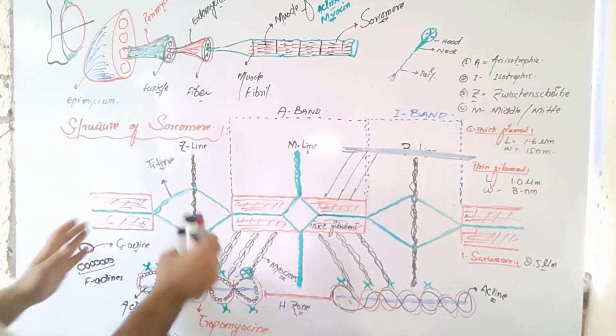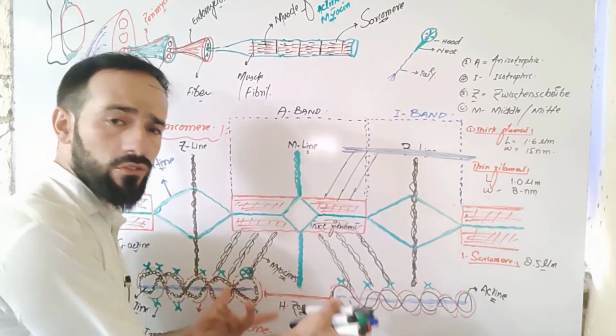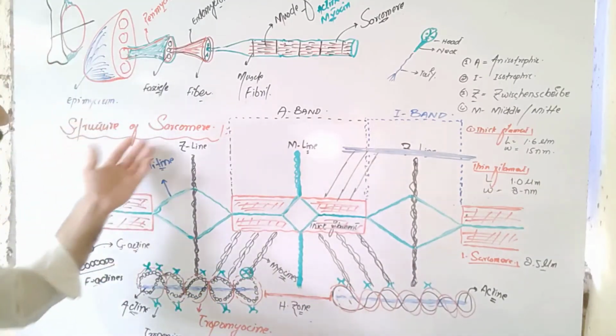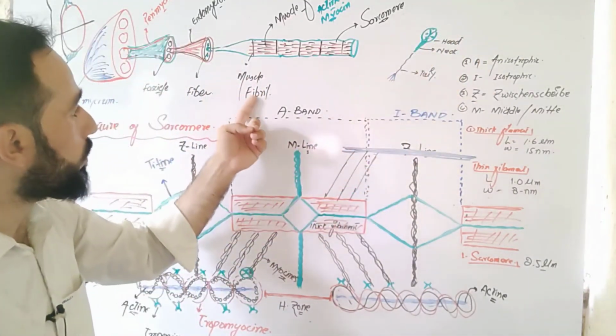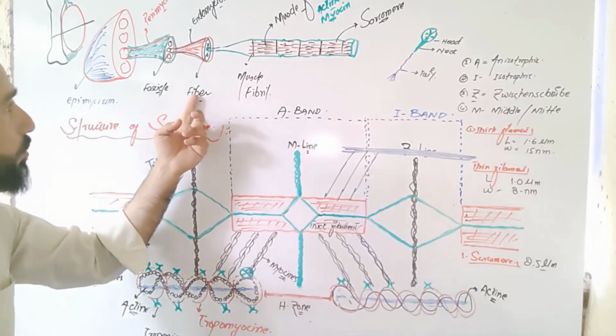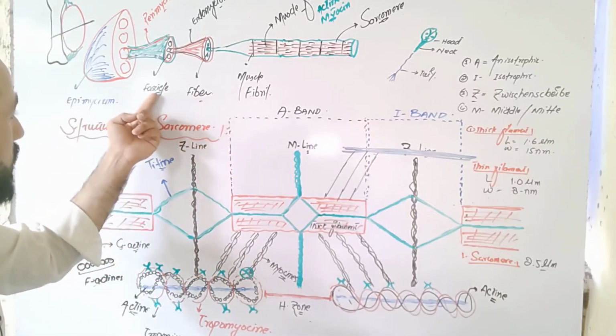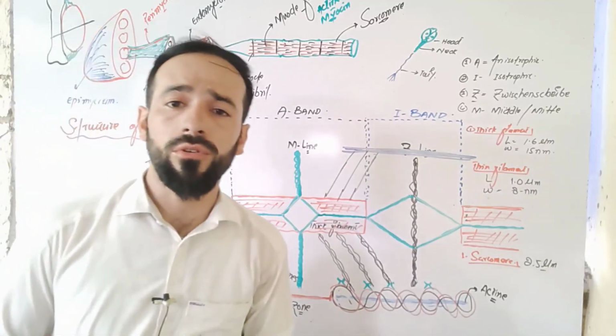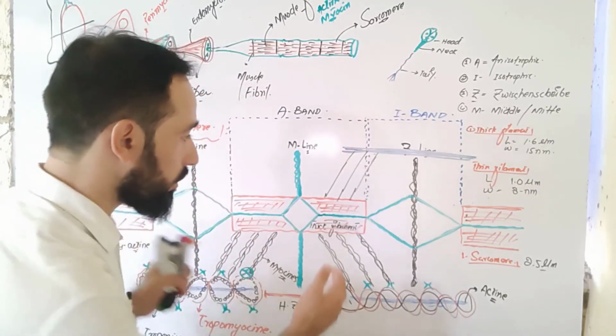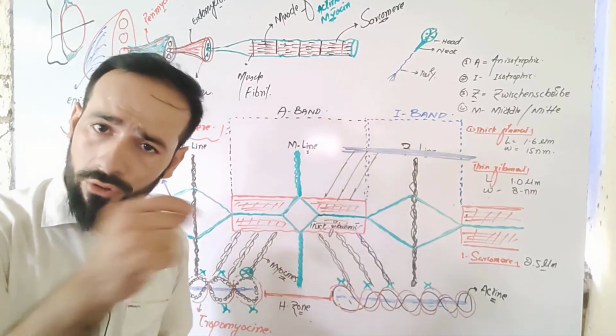Now I hope you understood how to draw the structure of one sarcomere. There are millions of sarcomeres inside one muscle fibril, and they combine to make a muscle fiber, and these fibers combine to make one muscle. So I hope you understood the structure of one sarcomere, and I hope you can draw it now very easily.